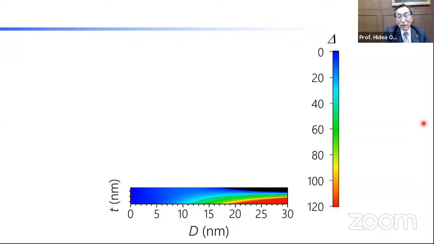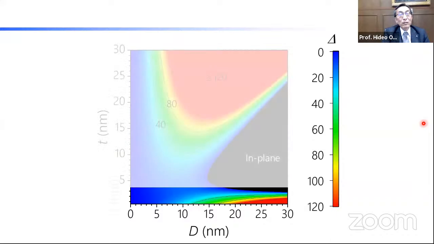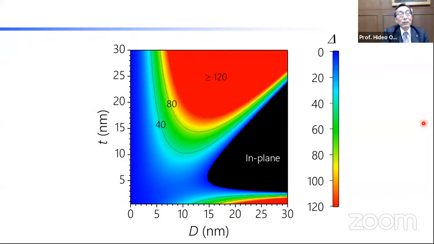When you go through the numbers, you can see that there is another region that you might want to explore in this small d range, below 10 nanometers, that results in more than 120 E over kBT.